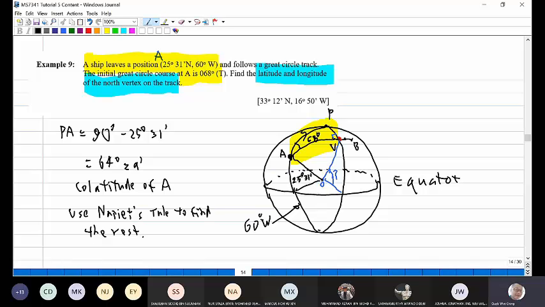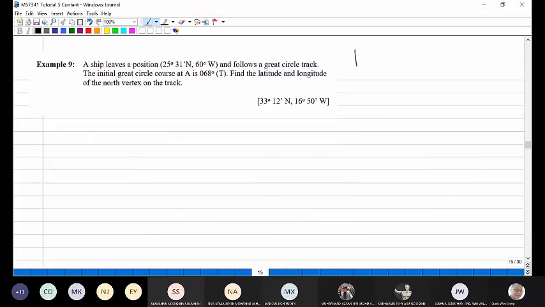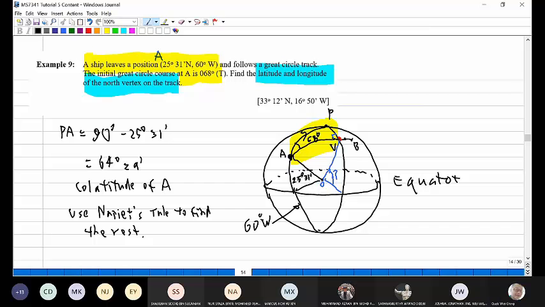So I'm going to redraw this right angle triangle here. So let's go back to this page now. So I'm going to draw this right angle triangle here. So this is PA, and the direction it moves is 68 degrees, and PA we calculated just now is 64 degrees 29 minutes here.